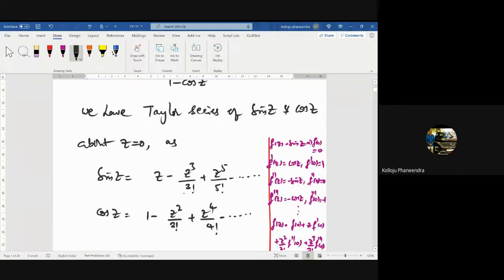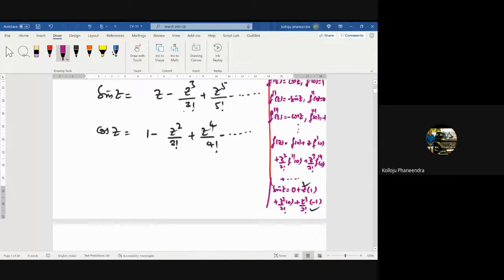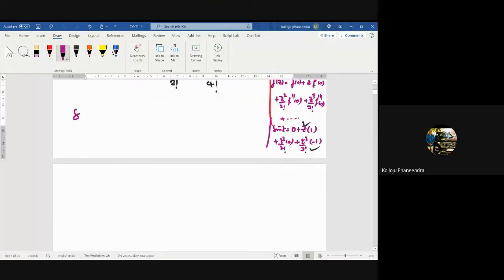And see the function. In the function, it is not sin z. Sin square z is there. So let me find sin square z first. Sin square z is nothing but z minus z cube by 3 factorial plus z power 5 by 5 factorial and so on, whole square. So a square plus b square.